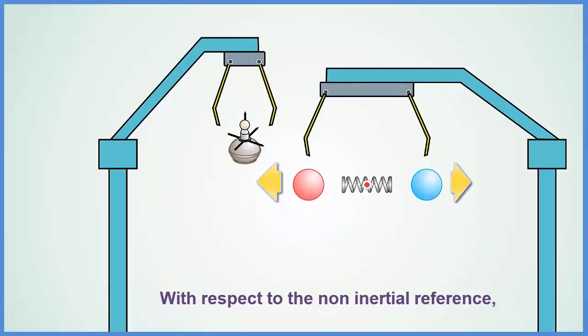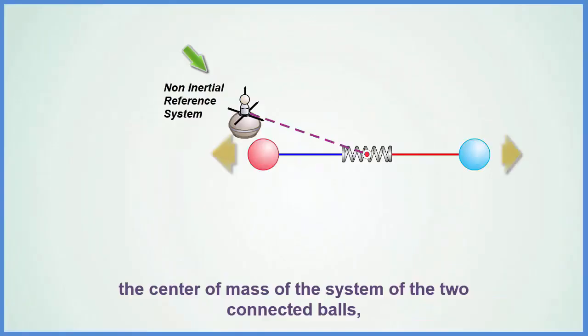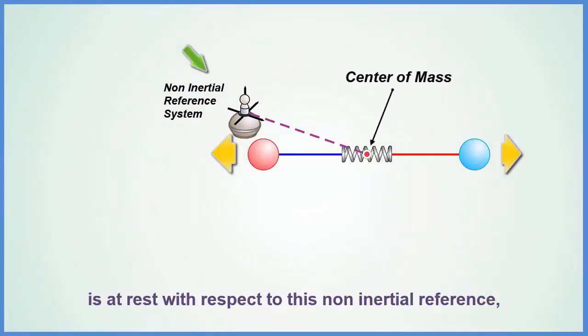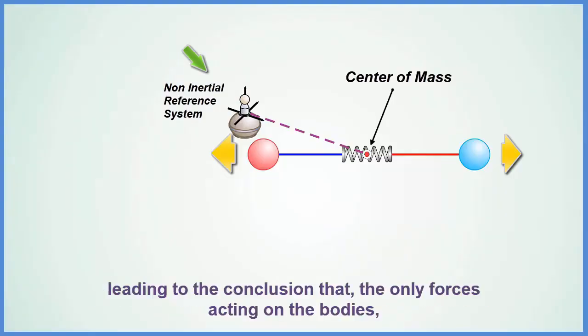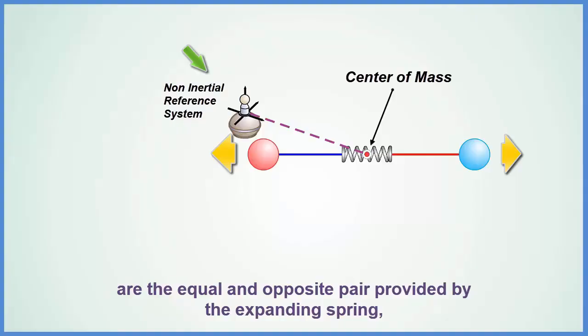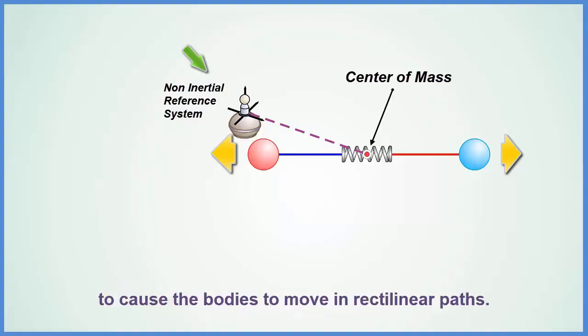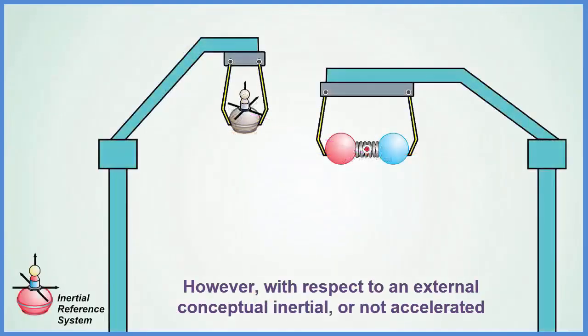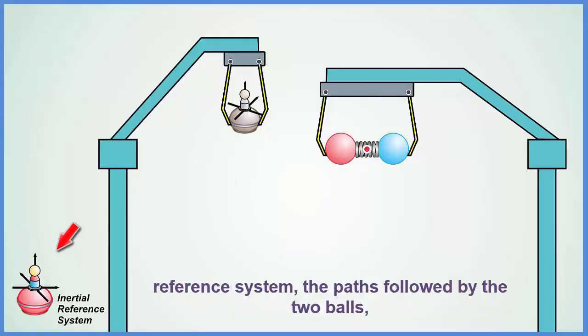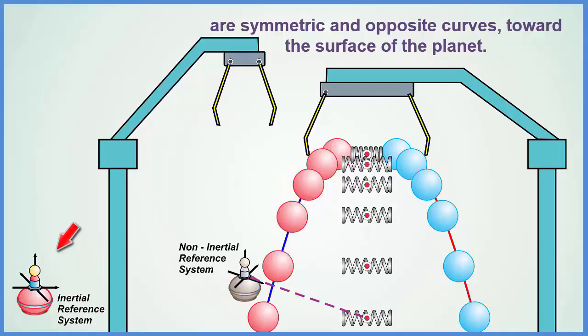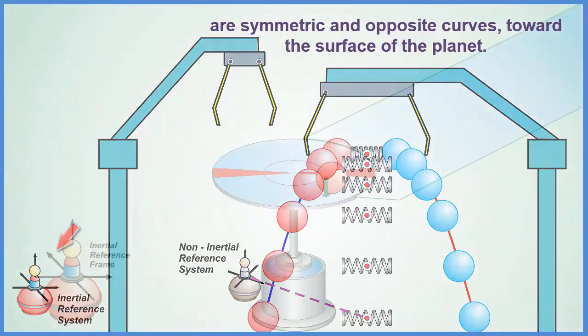With respect to the non-inertial reference, the center of mass of the system of the two connected balls is at rest, leading to the conclusion that the only forces acting on the bodies are the equal and opposite pair provided by the expanding spring, causing the bodies to move in rectilinear paths. However, with respect to an external conceptual inertial, or not accelerated, reference system, the paths followed by the two balls are symmetric and opposite curves toward the surface of the planet.